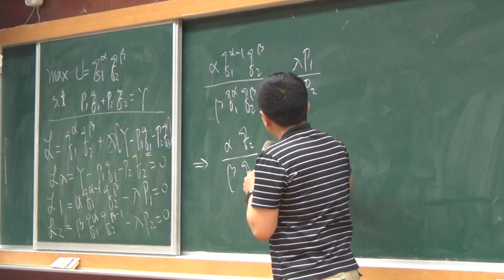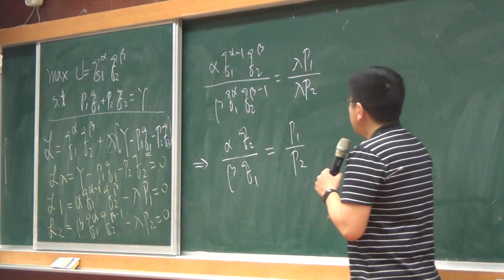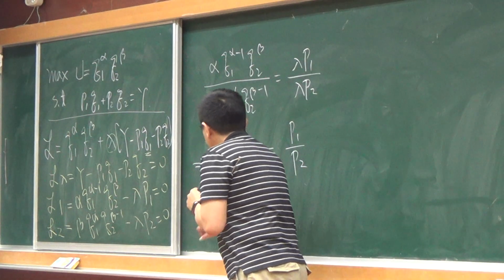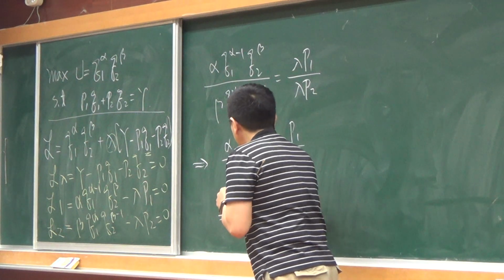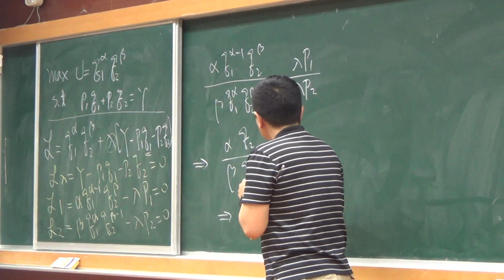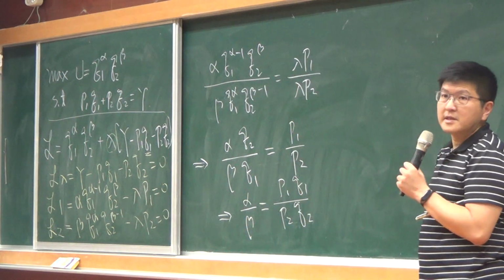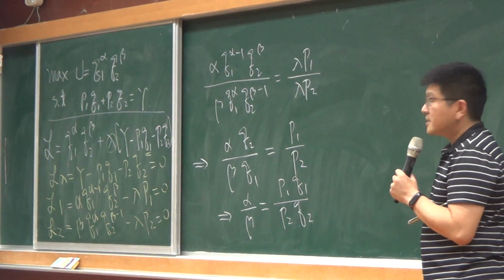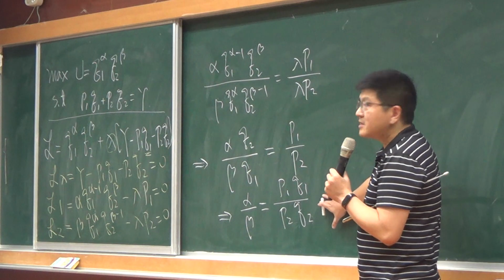So we have P1, P2. There is a trick to solve this problem. Alpha over beta, and we rearrange again P1 Q1, P2 Q2. So, is everyone happy with this? From here to here?